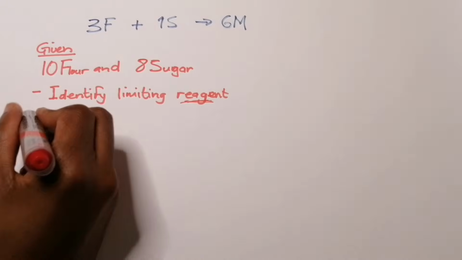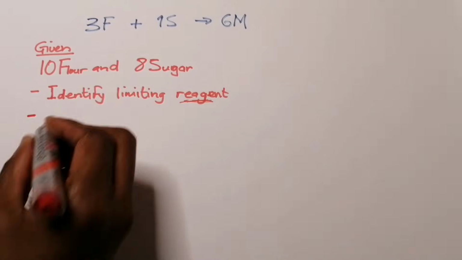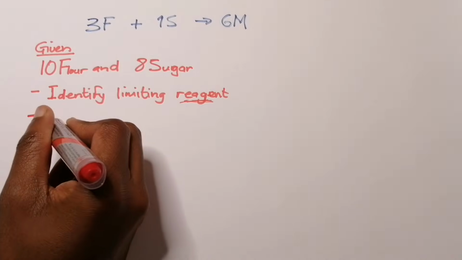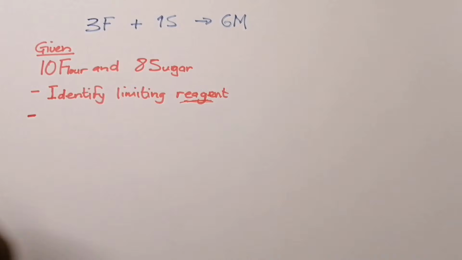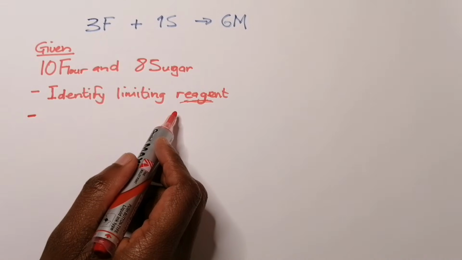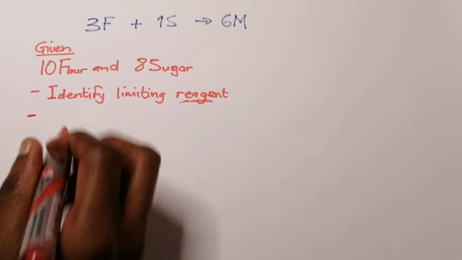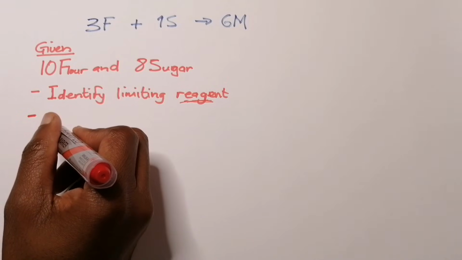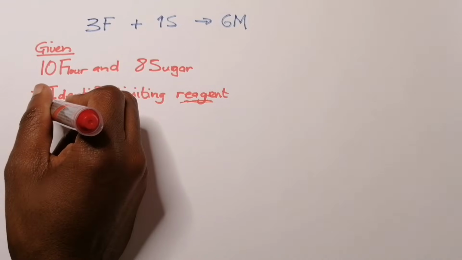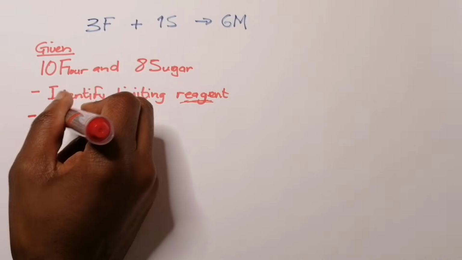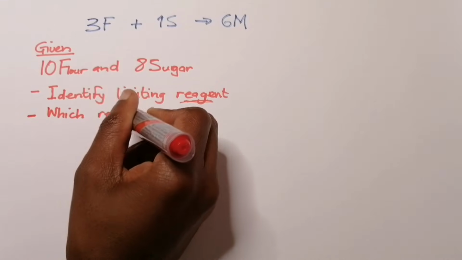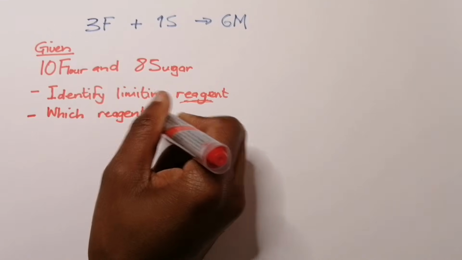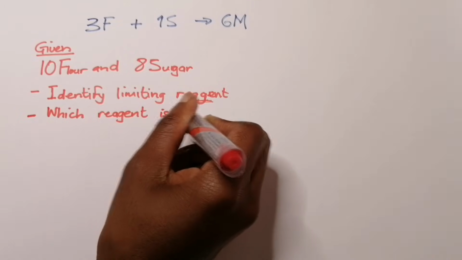And then secondly, if the one that runs out first is the limiting reagent or the limiting reactant, the other one is said to be in excess. So I want to know which reagent is in excess.